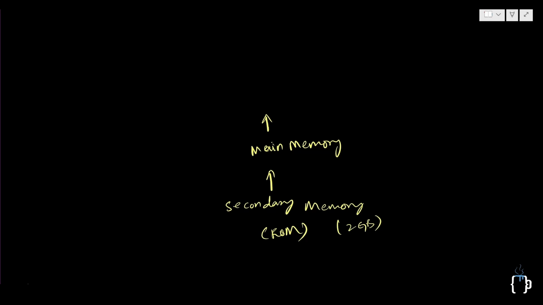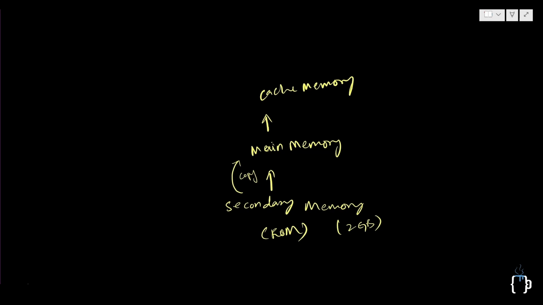Then the main memory sends some parts. This 2 GB data is divided into parts of, say, 10 MB, and each 10 MB part is sent to the cache memory.